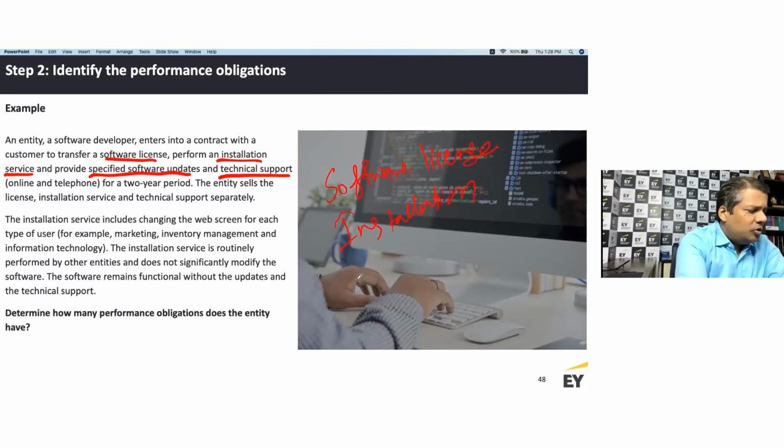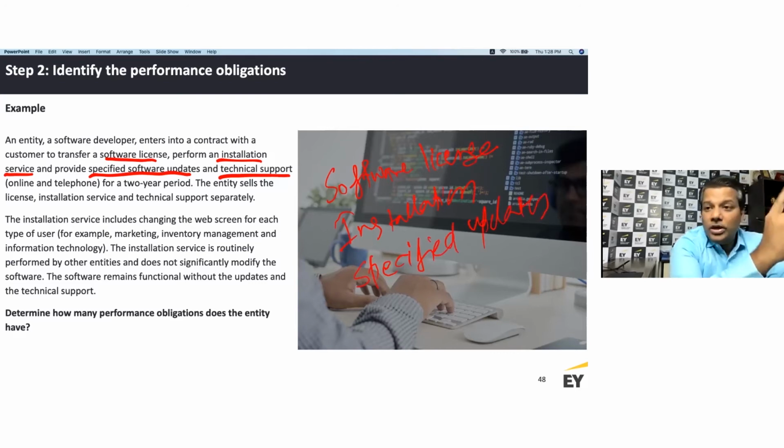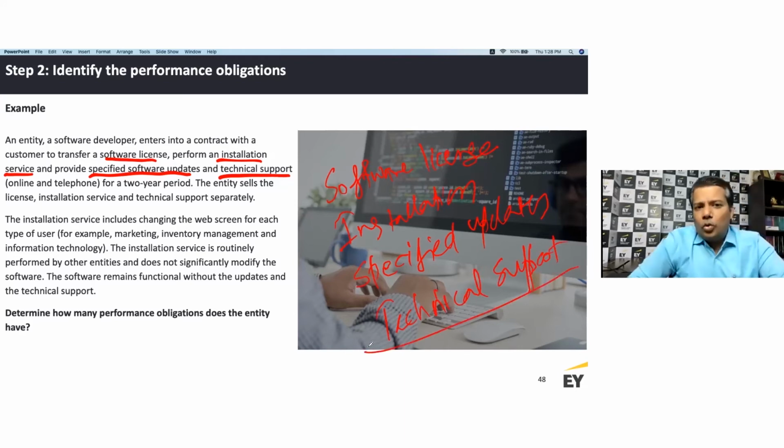And then I am providing the specified updates; I'm saying that these many updates you will receive in a 2-year period. And then I'm also providing technical support. When you look at all of these, there are 4 things which I have promised to this customer: 1, 2, 3, 4. Four different things.